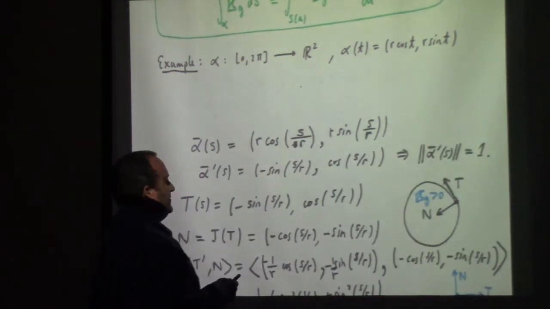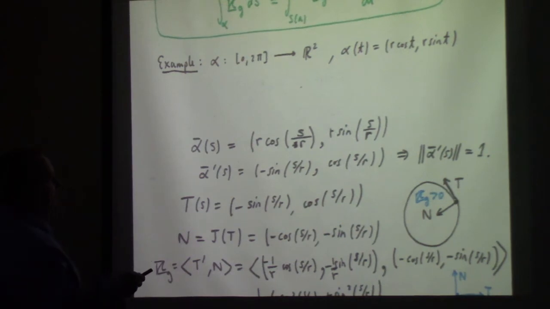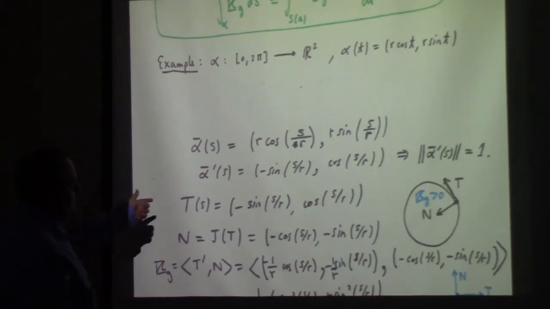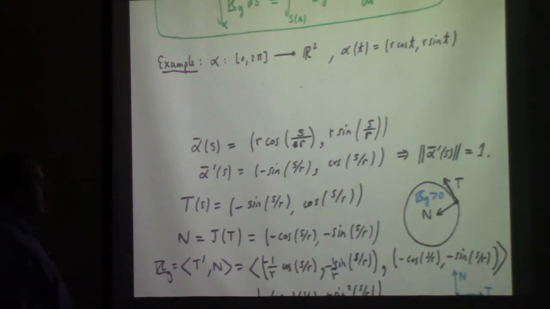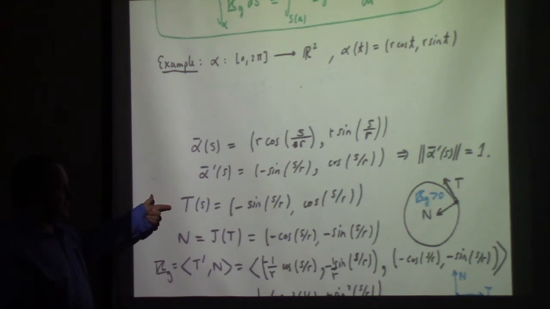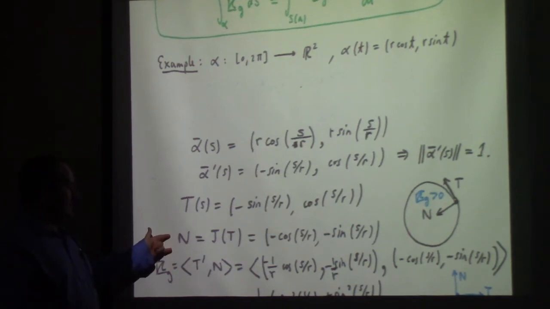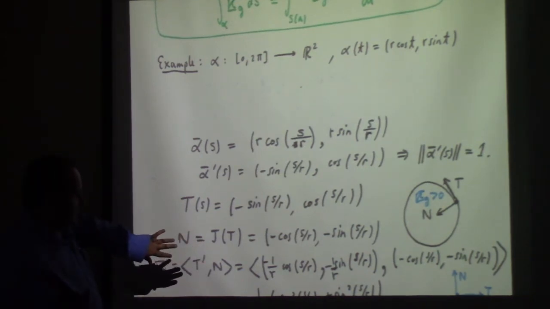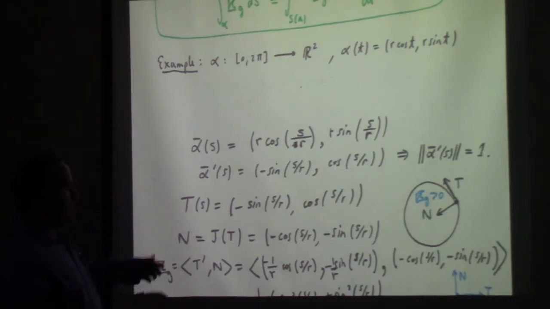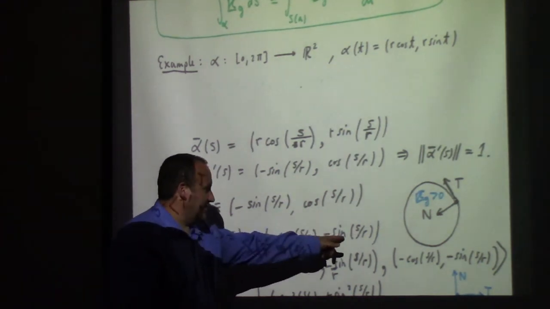You can do that by dividing by r in here, and you can check that this has unit speed. Then here's the tangent: minus sine, cosine. And the normal is J t, which is rotation by 90 degrees. That gives us minus cosine, minus sine.